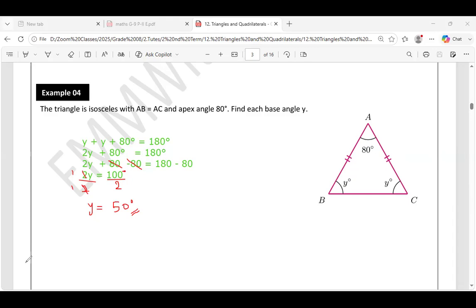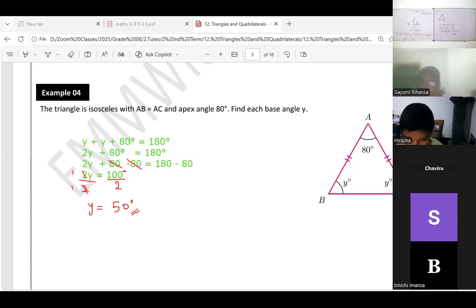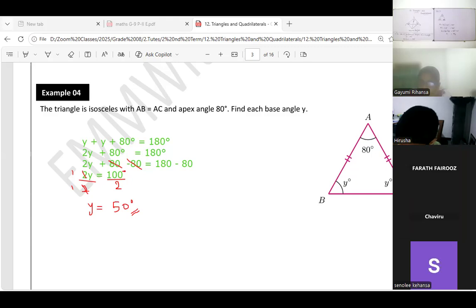Sir, there is another question on page number 3. Yeah, example number 5. Yeah, we are going to do that. Right, okay. Sir, did you get the correct answer?